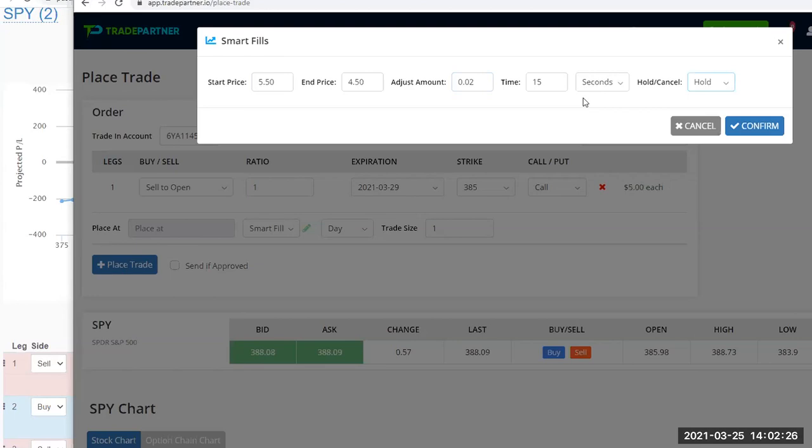Quite frankly, I don't ever even use the advanced. I use the simple because the simple does 99% of what I want to do. So the stop adjusting is the exact same thing as hold. As soon as it hits the price, it stops adjusting and it either holds or it cancels. All right, so same thing.